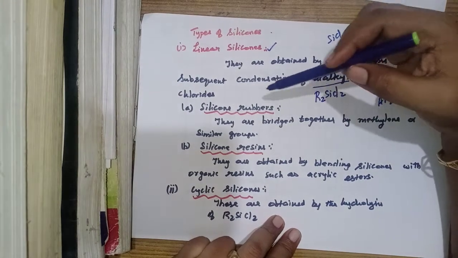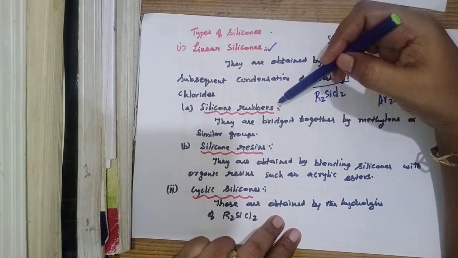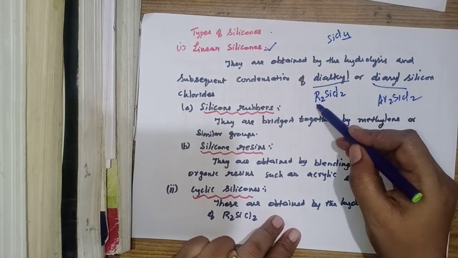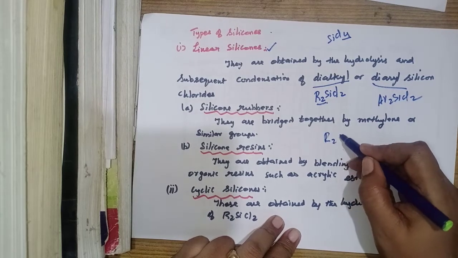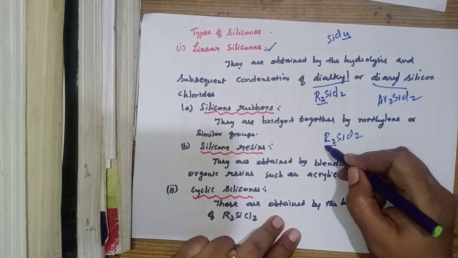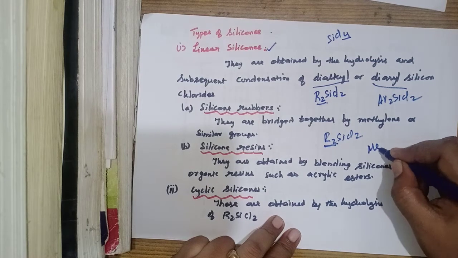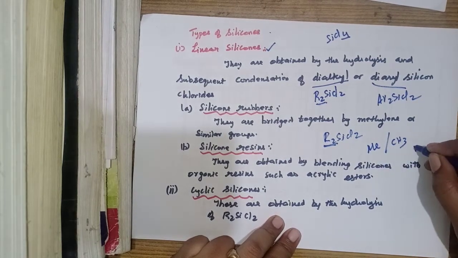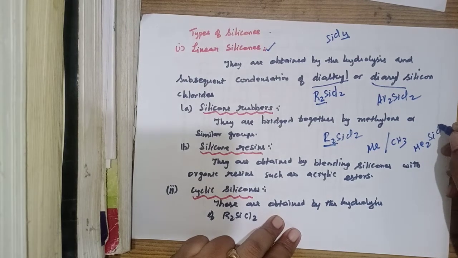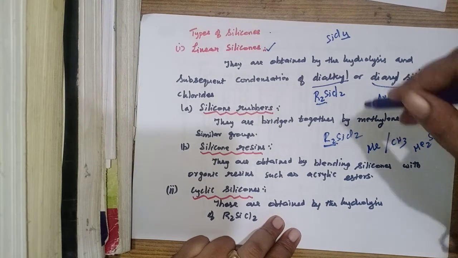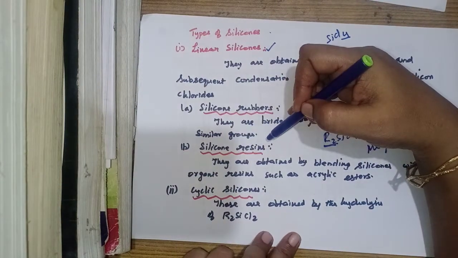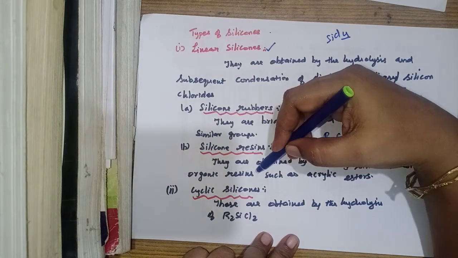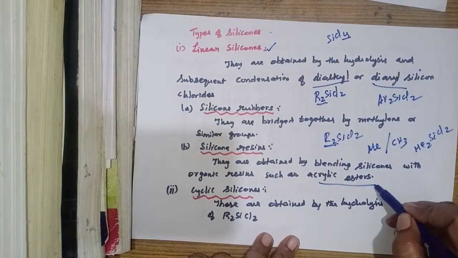Now we see the types. Silicone rubbers are bridged together by methylene or similar groups. Instead of R2SiCl2, for R you can substitute a methyl group, Me or CH3, so you write Me2SiCl2. Silicone resins are obtained by blending silicones with organic resins such as acrylic esters.